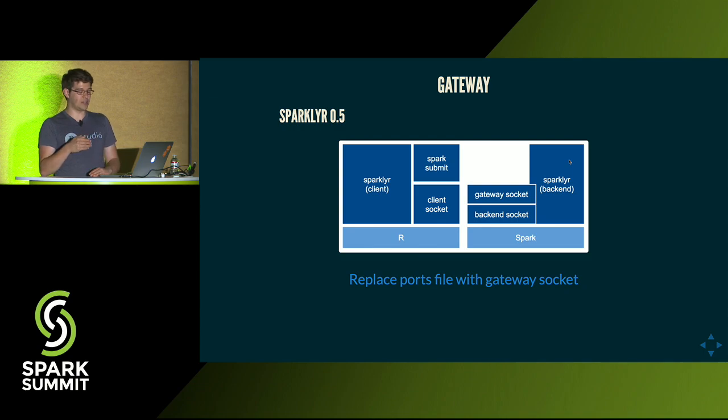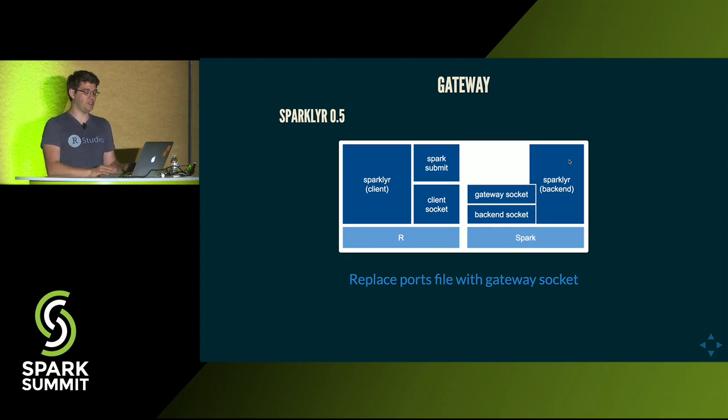This same socket connection on port 8880 can redirect to a different port if someone else is starting a Sparklyr application on that same node. In a sense, the more correct term is proxying to the right backend, keeping, literally, just a map that tracks sessions to the right port number.